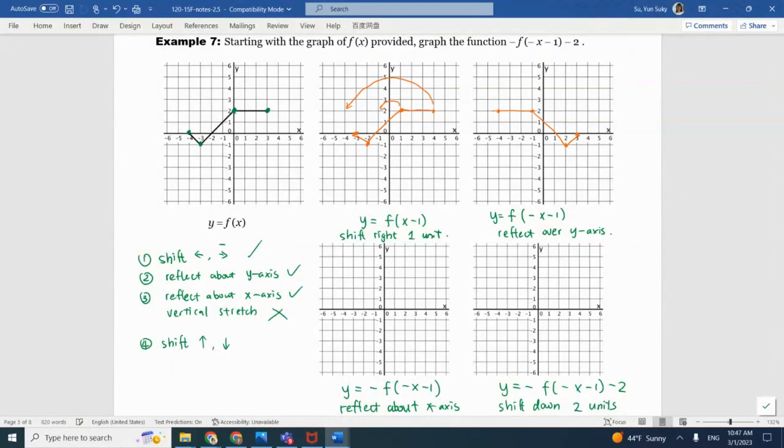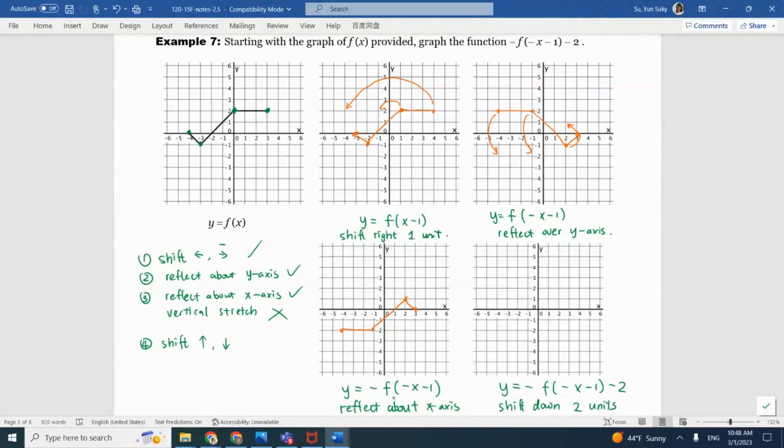Connect them together. And reflect about the x-axis. So this point stays here, and the x-axis is like the mirror. Now this point goes down here, this point goes down here. And we connect them, right, everybody?